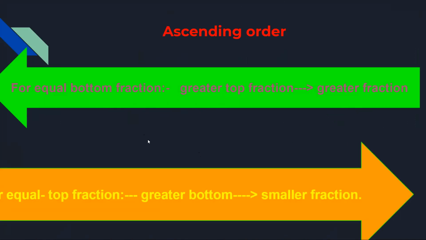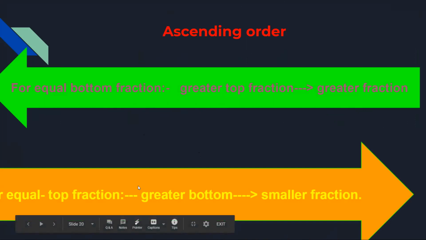But if the top is equal, meaning the numerators are equal, then the greater the bottom, the smaller the fraction. This is the rule of writing ascending order as well as descending order.